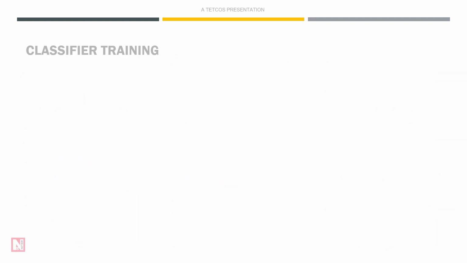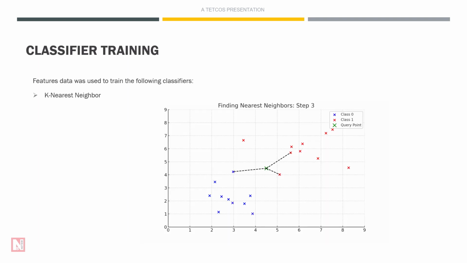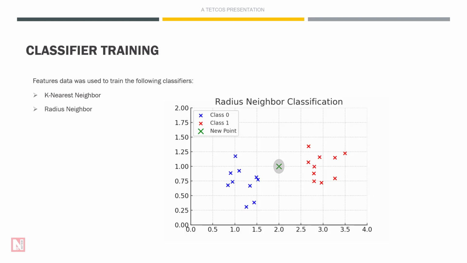Once the features were extracted and labeled, the next step was to train machine learning models to detect malicious nodes. We used the processed dataset to train the following 4 classifiers. K-nearest neighbor, which classifies a node based on the majority class among its closest neighbors. Radius neighbor, similar to KNN but considers all neighbors within a certain distance or radius.